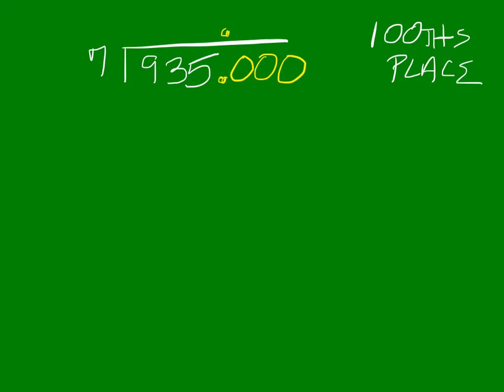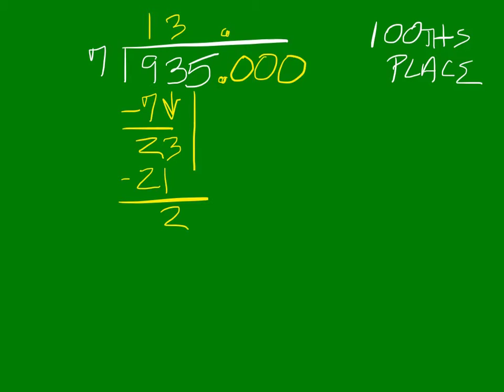beyond that. 7 goes into 9 one time. When you subtract, you have 2. Drop the 3. 7 into 23 3 times. 2 left over. Drop the 5. 7 into 25 3 times.